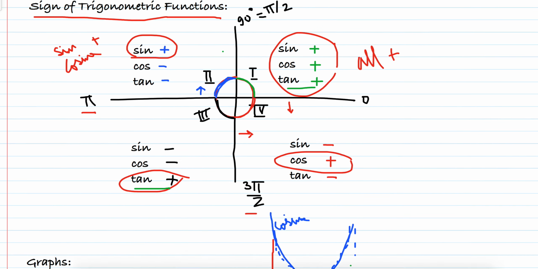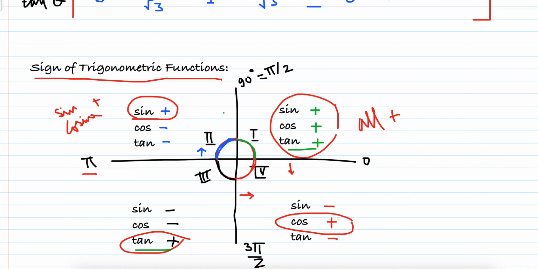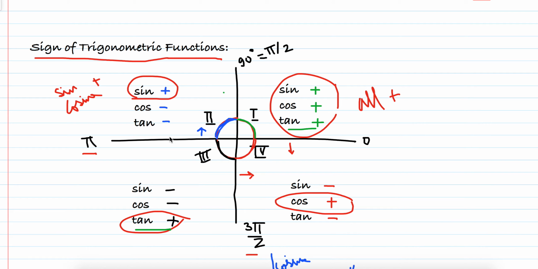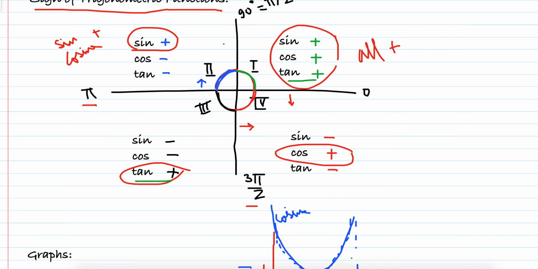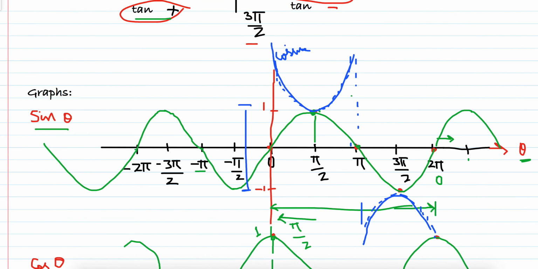But cos is negative in the second quadrant also. So if we are just given cos theta is minus 3 upon 5, then we cannot uniquely find all the other trigonometric functions, because cos is negative in the second quadrant also and the third quadrant also. So we will get multiple answers. But if we are told that it lies in the third quadrant, we will get a unique answer.